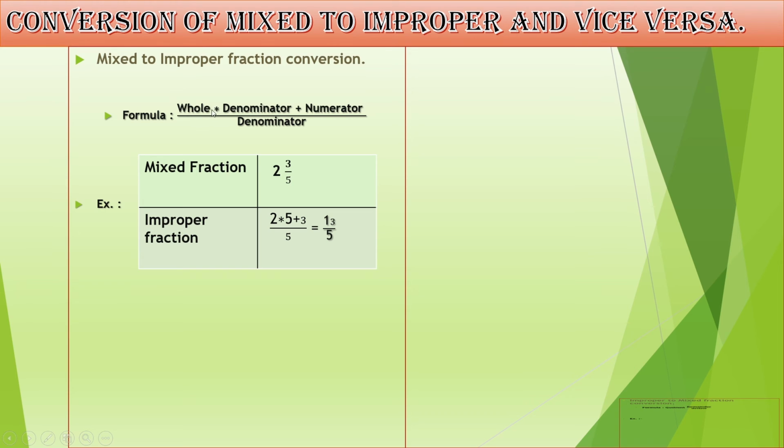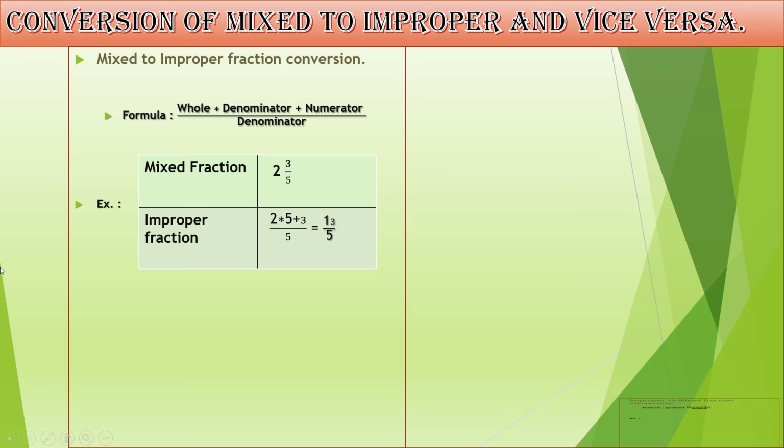Our first step of the formula, denominator into the whole, that is 5 into 2. So 5 into 2 will be 10, plus the numerator as it is, that is 3, so 13. So the numerator of the new fraction will be 13 upon 5. 5 will be our denominator, that is 13 by 5.